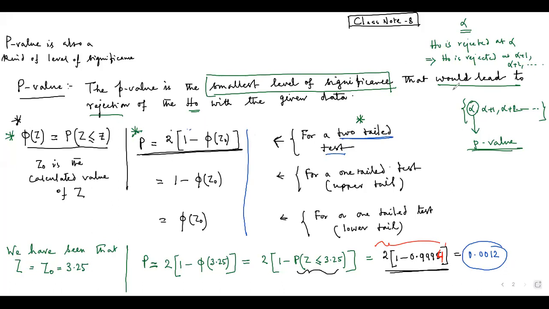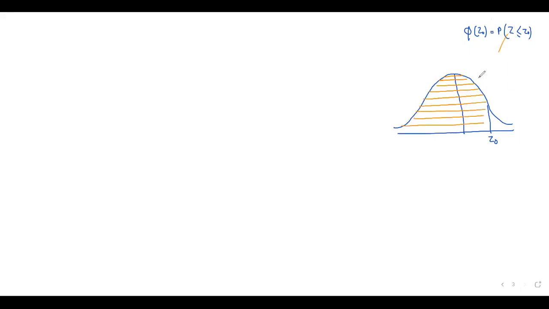Diagrammatically, if you want to know what is happening here, I'm going to explain that again. Suppose this value is your Z0. Whenever I write phi of Z0, which is the probability of Z less than or equal to Z0, this means I am considering this region on the left-hand side of Z0. Whenever I write 1 minus phi of Z0, I'm interested in this region.